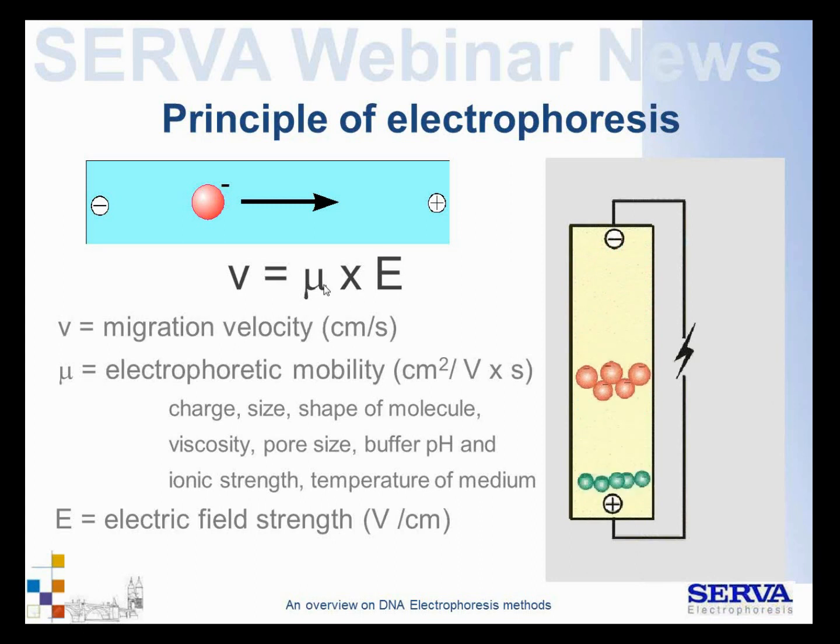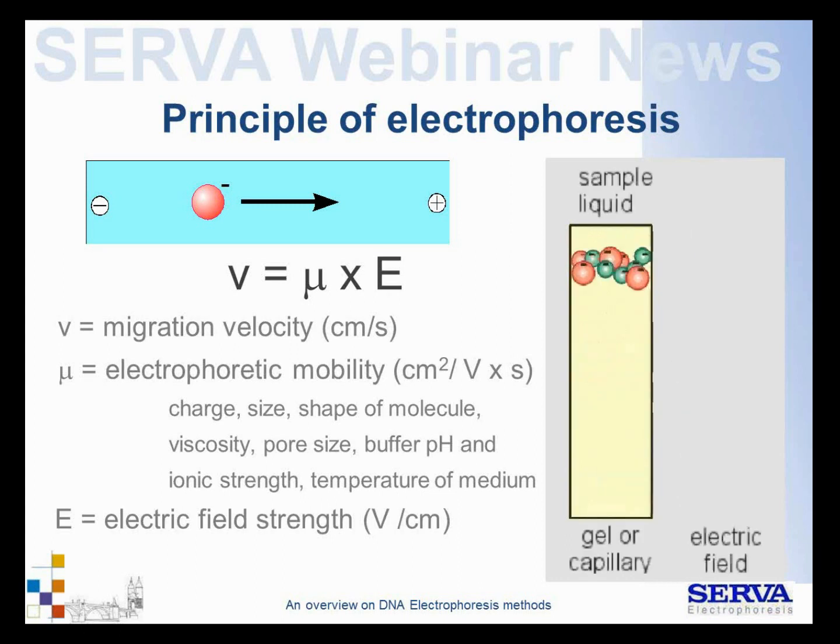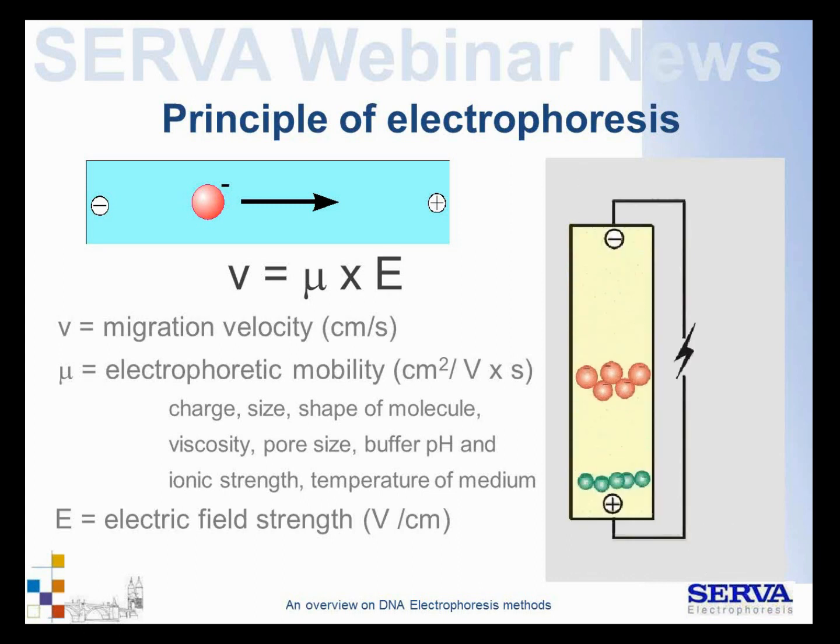So the velocity is the product of the electrophoretic mobility, a quite complex unit, times the electric field strength. The electric field strength is the driving force. It's measured in volts per centimeter. So it's the local force which moves the particles into the direction of the anode.